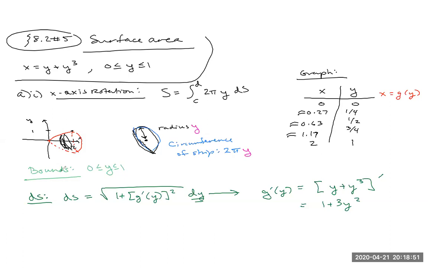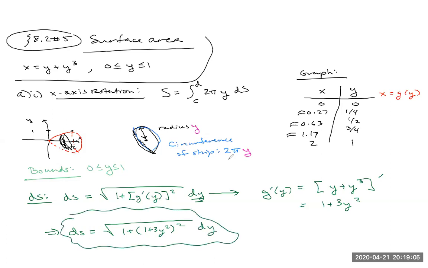So then ds is equal to the square root of 1 plus the quantity 1 plus 3y squared, dy. A hint: if you're looking at x-axis rotation or y-axis rotation, still look at the bounds. We're going to use the same ds for both of them because we want our integrand to have y's in them.